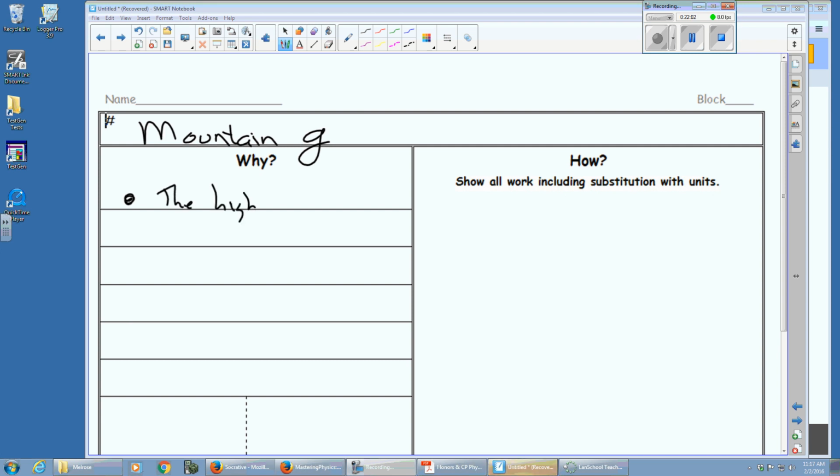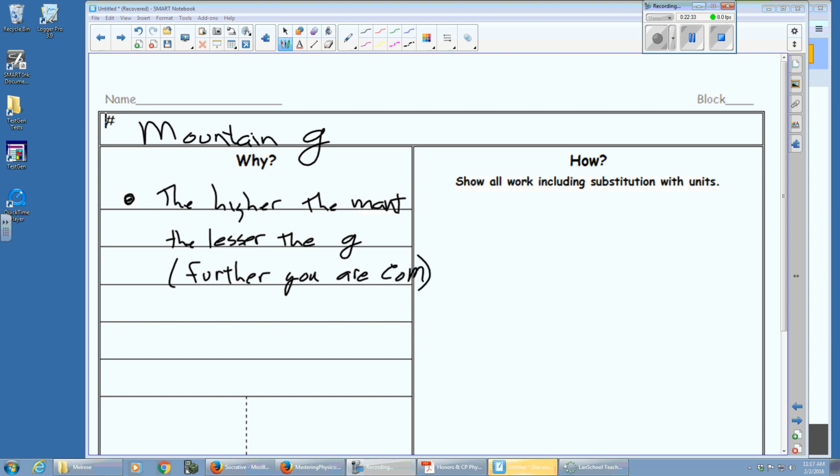I'm going to put both those because both those are good. Why does the height of the mountain affect the gravitational strength? The higher the mountain, the further you are from the center of mass.